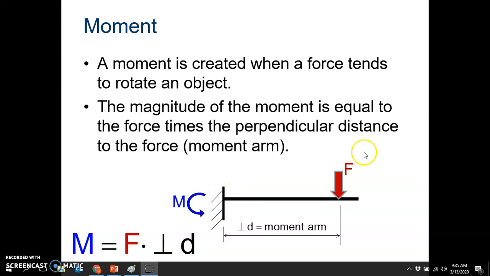So the same force would give you less of an ability to keep that door closed, and your sister, who might be stronger or might not be, if she applies her force way over here and you apply it over here, she might be able to open the door because her moment is greater. So that's why to get the greatest moment, it will be related to how far the distance is away from where it's going to want to rotate. So hopefully that made sense.